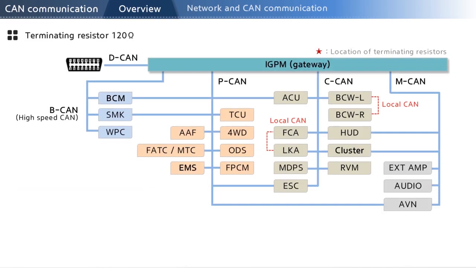The location of terminating resistors varies depending on the communications group. In PCAN, the 120 ohm resistors are found in the gateway and the engine ECU. In CCAN, they are in the gateway and cluster, while BCAN has them in the gateway and BCM. We do not see terminating resistors of MCAN for multimedia in the diagram.